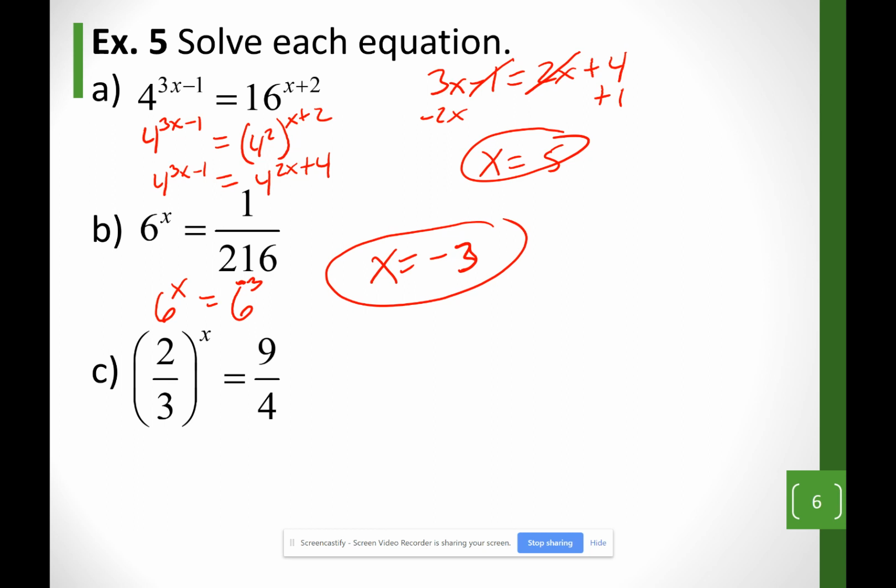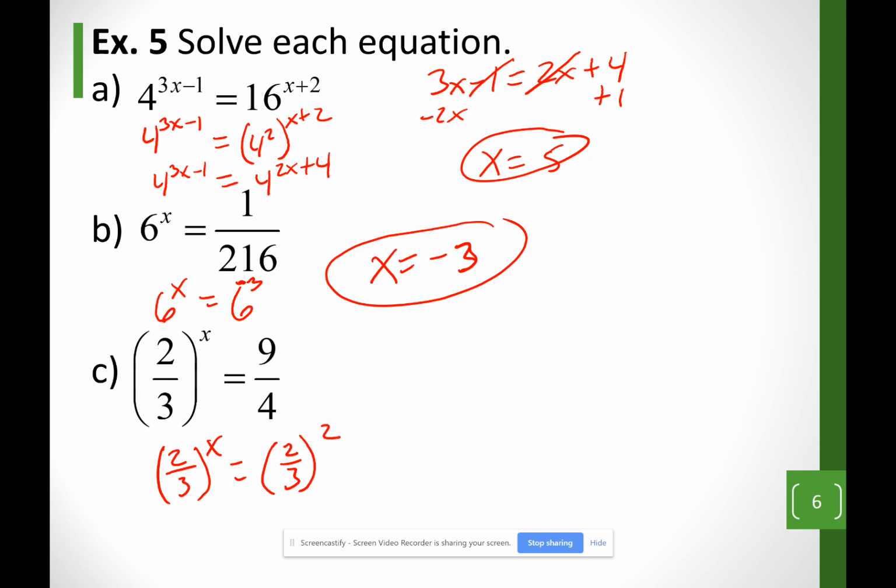That's done. Now here, I have 2 thirds to the x is equal to 9 over 4. So I want to write this as 2 over 3 to a power. It seems like 2 squared gives me 4. 3 squared gives me 9. So it seems like I'm going to use the second power.